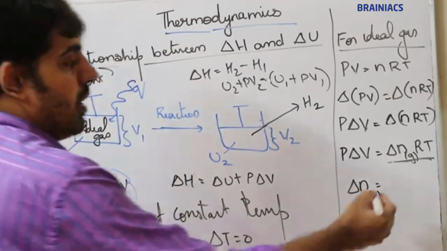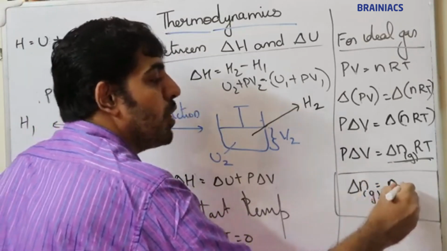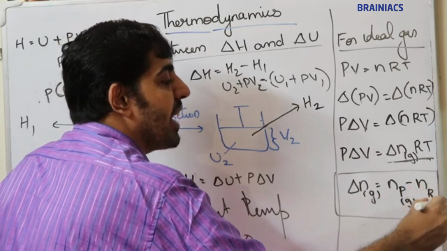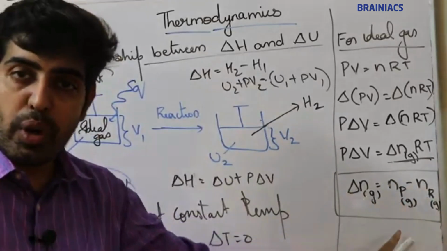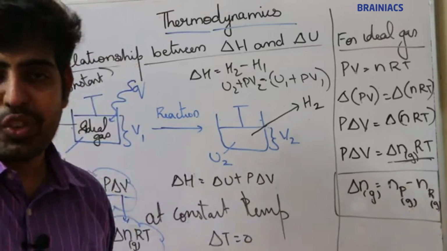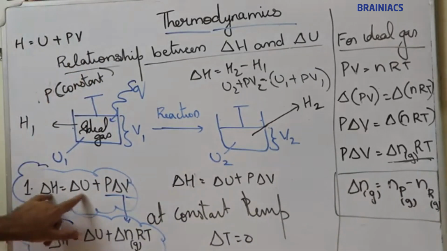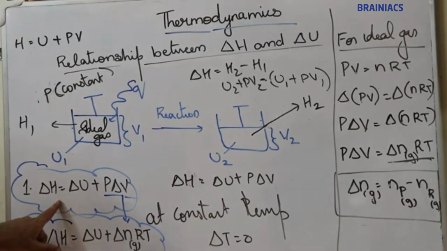This is calculated as the number of moles of products in gaseous state minus the number of moles of reactants in gaseous state. So these are the two equations relating delta H and delta U. The first equation we have already discussed when we discussed enthalpy.